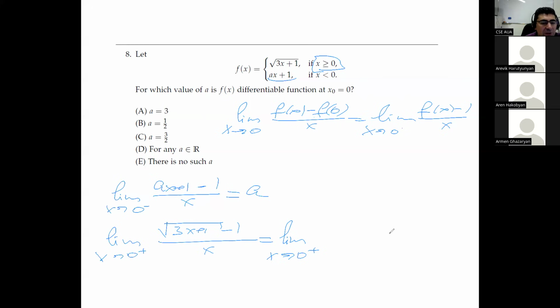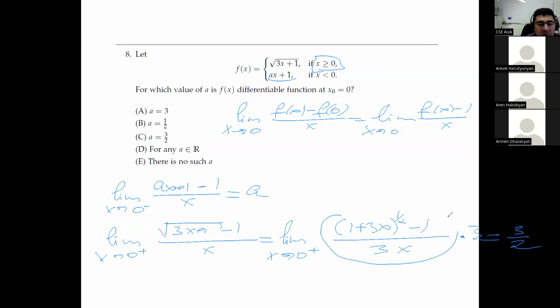So write it as 1 plus 3x to the power 1/2 minus 1, divided by 3x, and times 3. So the limit is 3 over 2. The useful limit says this part tends to 1/2.